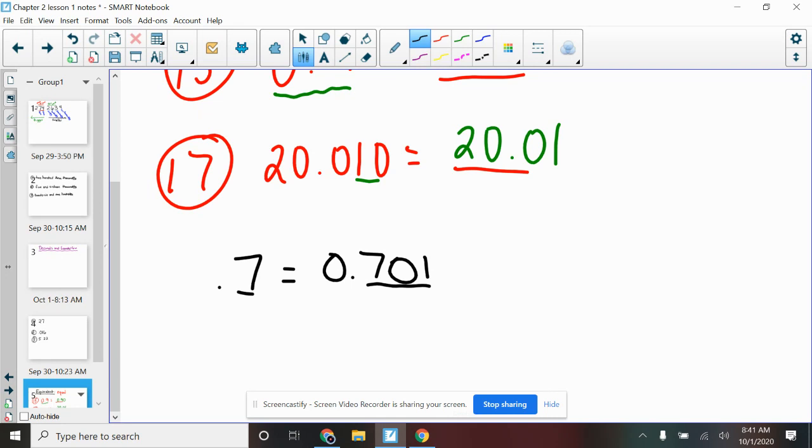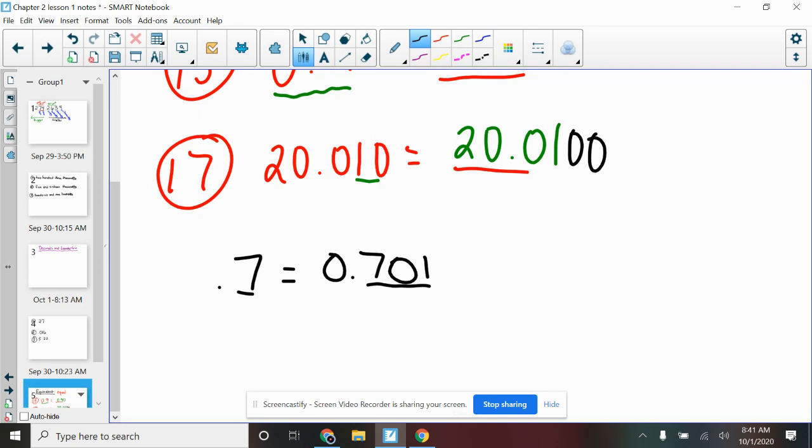So for number 17, back up here to this one, she said instead of taking that 0 away, she actually just put an extra 0 behind it. Yes, you can do that too. It doesn't change anything because the back of the number contains 0.